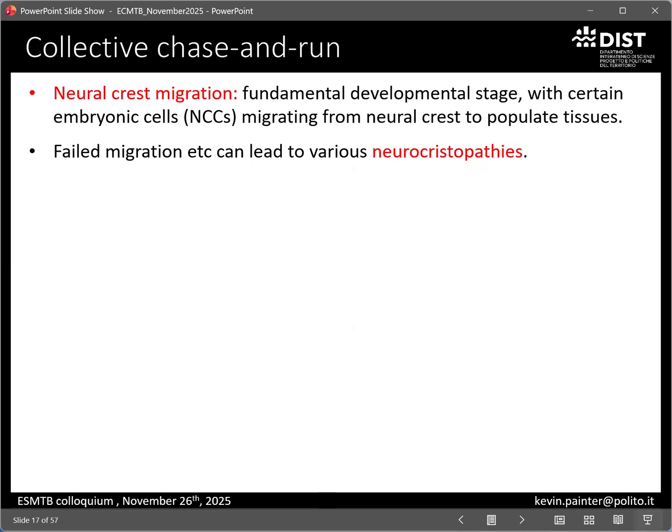Neural crest migration is a very fundamental developmental stage where certain cells, these neural crest cells, leave the site of their origin and then migrate, dispersing across the embryo and contributing to various types of tissue in the developing embryo. This is absolutely fundamental for correct development, because failed migration can lead to a variety of embryonic pathologies, which are called neurocristopathies.